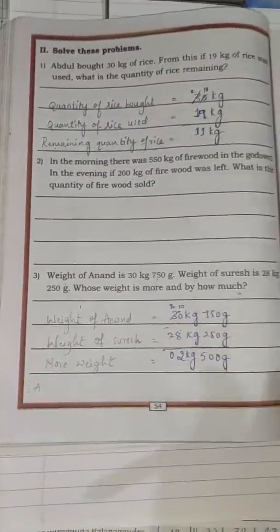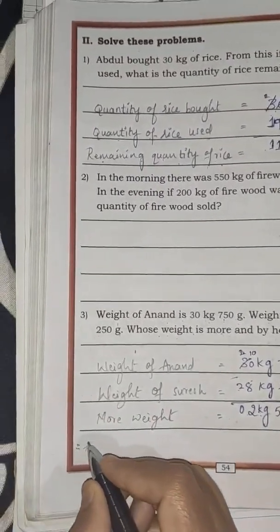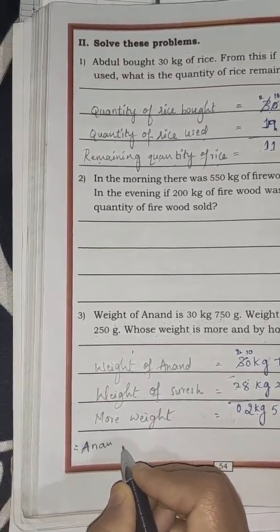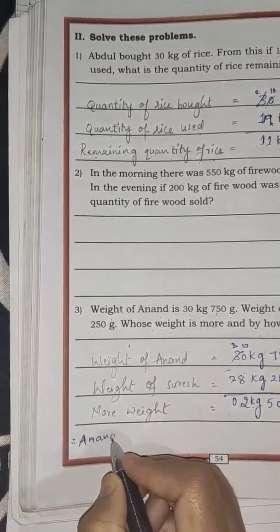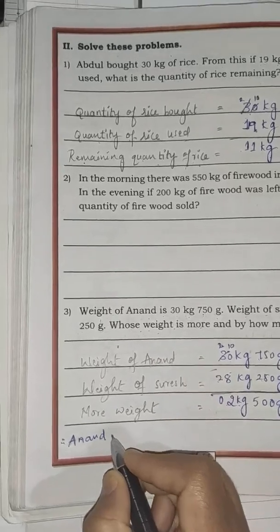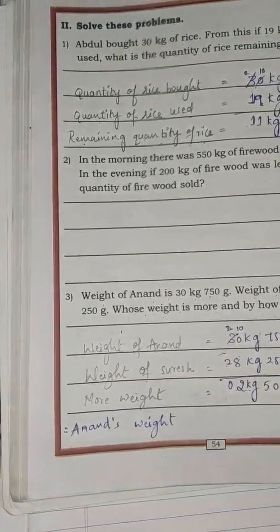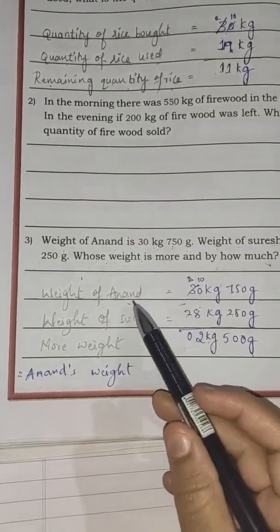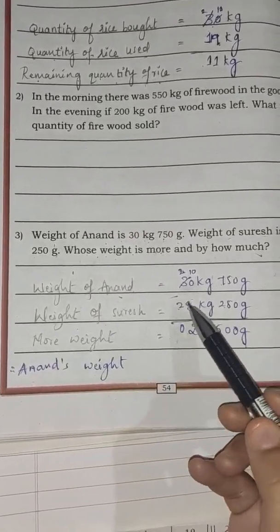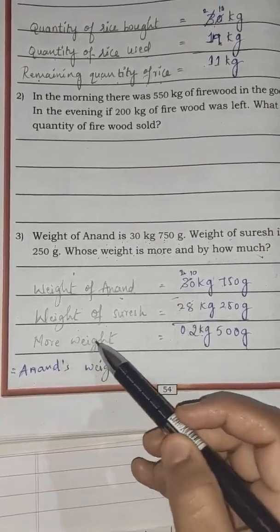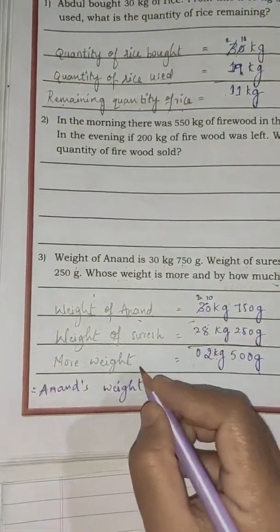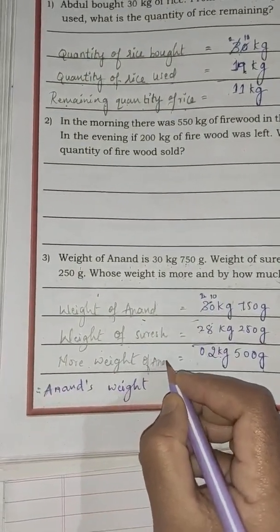So here, therefore, Anand's weight. Whose weight is more here? Weight of Anand or weight of Suresh? It is 30 kg and it is 28 kg. So more weight of Anand. You can write here more weight of Anand. Okay.